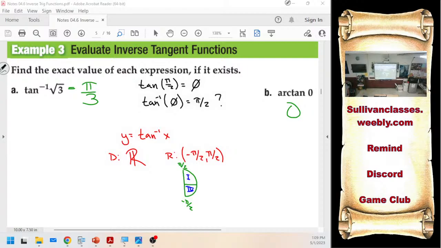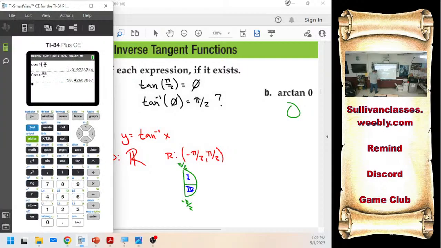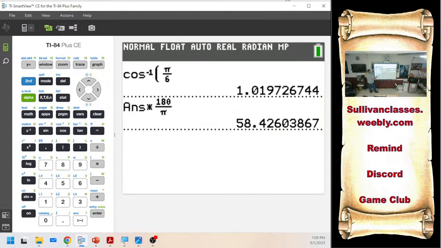Well, there's 2 answers. At negative pi over 2 and pi over 2, this happens, but those are asymptotes. Asymptotes don't exist. How can I plug in no? If you can figure out how to do that on a calculator, how do I plug in undefined? Could I get really creative and say the arctangent of 1 over 0?